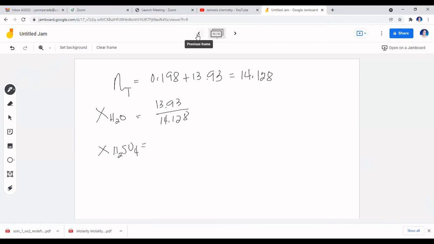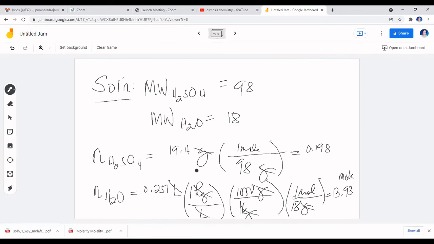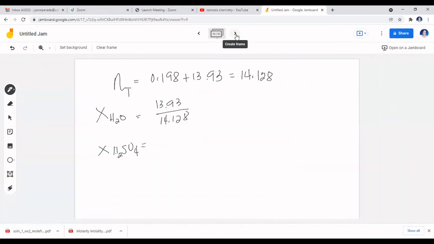For sulfuric acid, we have 0.198 divided by 14.128. So you can give us the answer here.